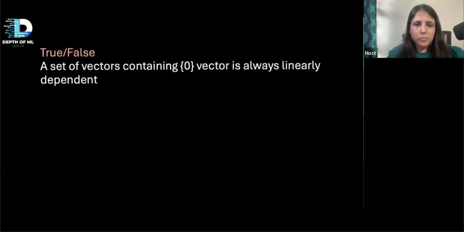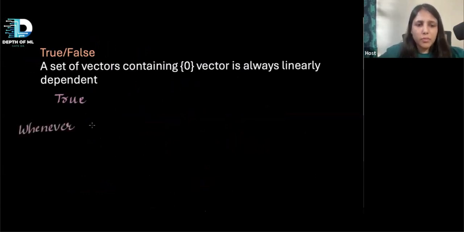Fine. Okay, now tell me, I think I already said this: a set of vectors containing the zero vector is always linearly dependent. True or false? We just saw, so this is true.